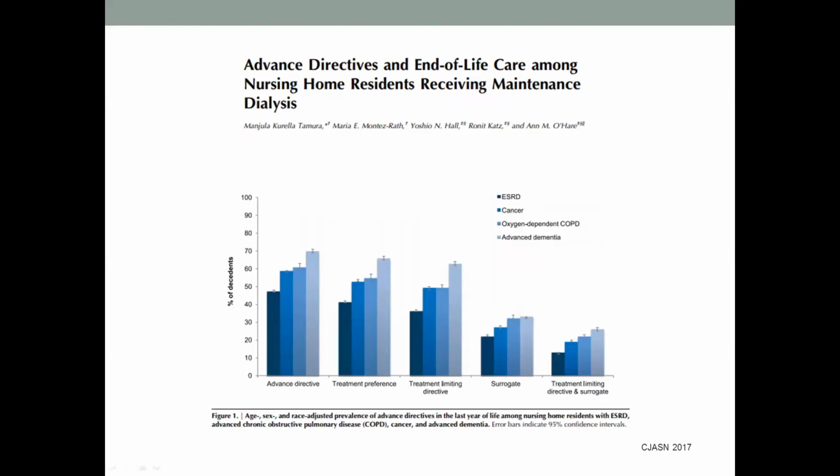And you can see that on every metric, having some form of advanced directive doesn't really reflect necessarily the quality of that advanced directive, having treatment preferences articulated, having a treatment-limiting directive, naming a surrogate even, so that you would think is low-lying fruit, and having both the treatment-limiting directive and surrogate. End-stage kidney disease patients who are on maintenance dialysis and in a nursing facility have lower rates of these kinds of metrics done compared to their counterparts with cancer and COPD and advanced dementia.